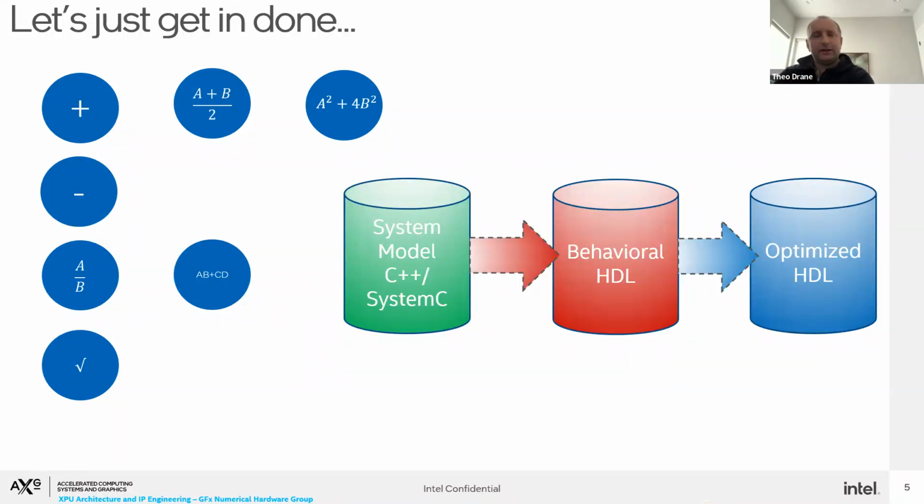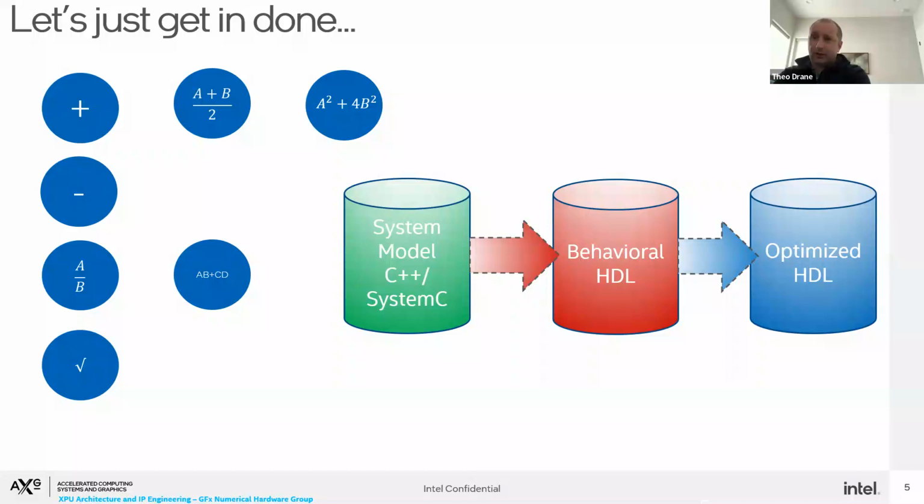What's really interesting about these kinds of design challenges is that they violate the most basic way in which hardware is typically designed. One typically imagines a very simple structure where somebody writes a system level model, from which HDL is created, and then we might optimize it.